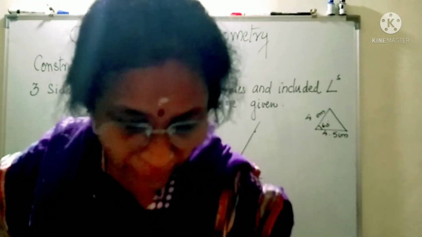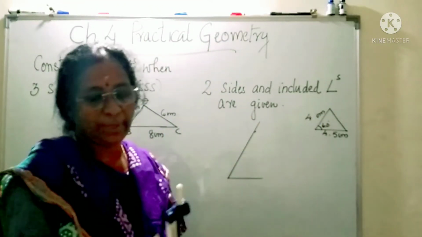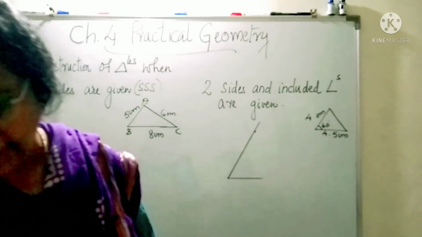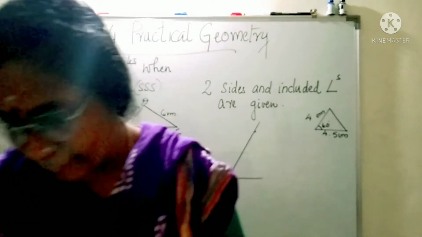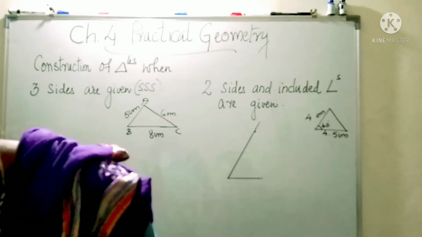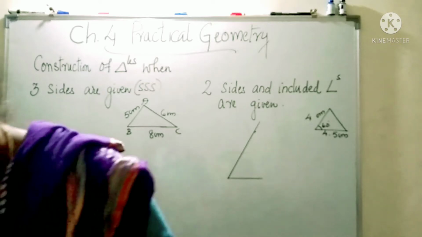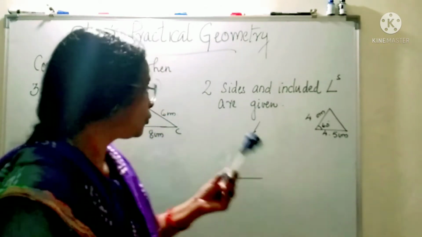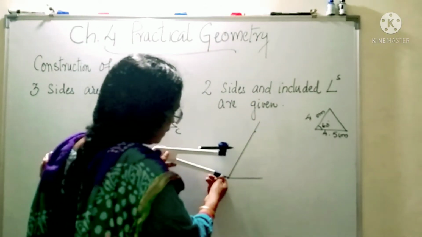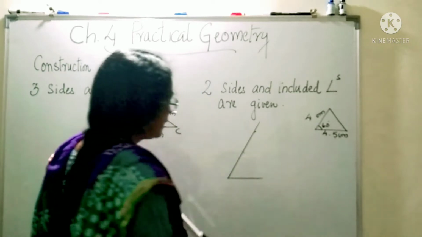Now you know this side is 4 centimeter. So again from the scale you take 4 centimeter. I'll take the 4 centimeter and will show you. This is 4 centimeter. You know how to take now. Keep it on this vertex and then draw an arc.